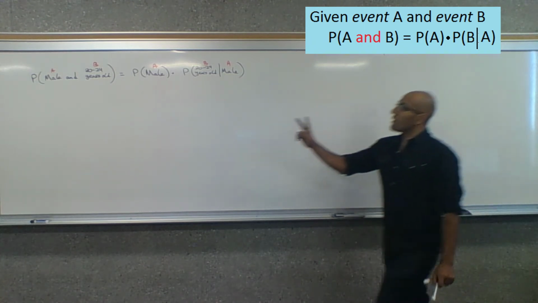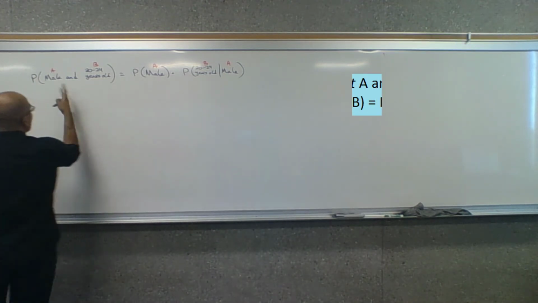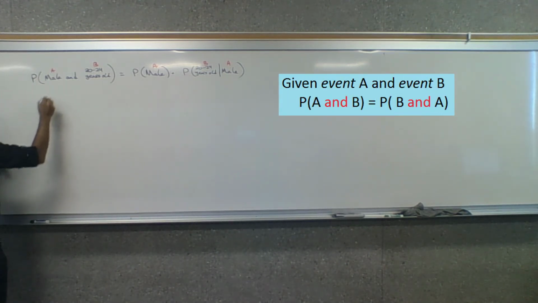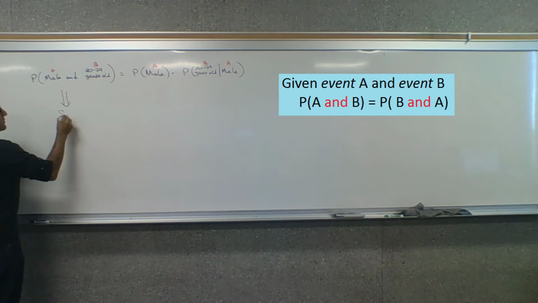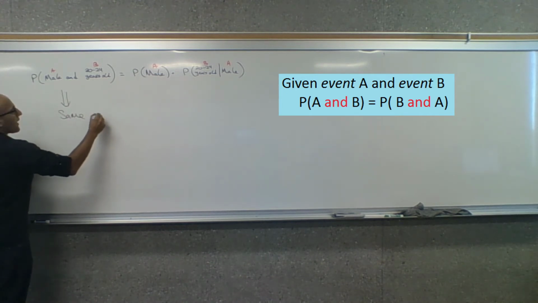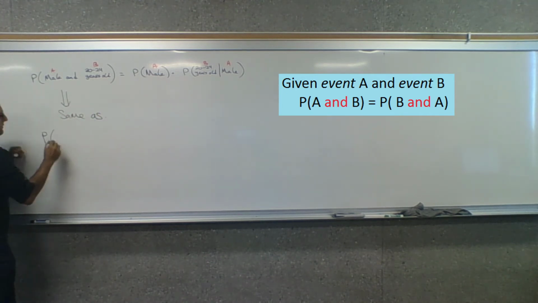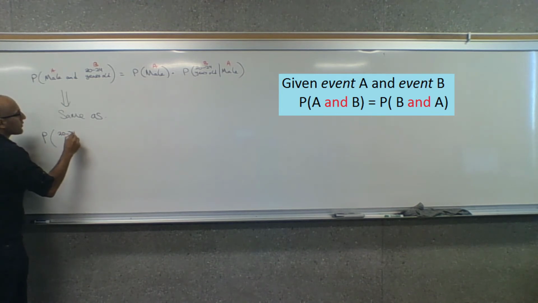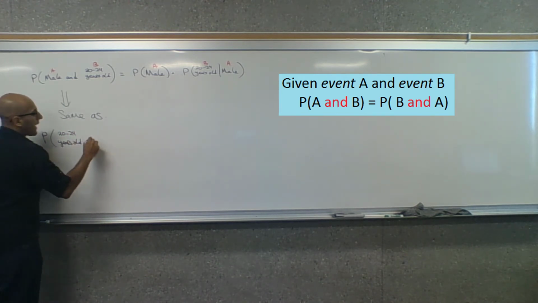Okay? Also, we learned that these two things can be flipped around. So I could also say that this is the same as the probability that they're 20 to 24 years old and male.